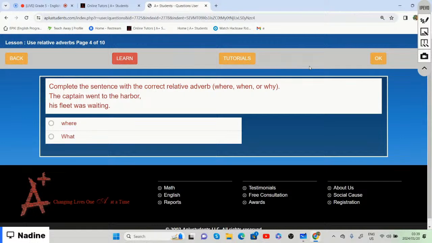The captain went to the harbor where his fleet was waiting, or the captain went to the harbor what his fleet was waiting?